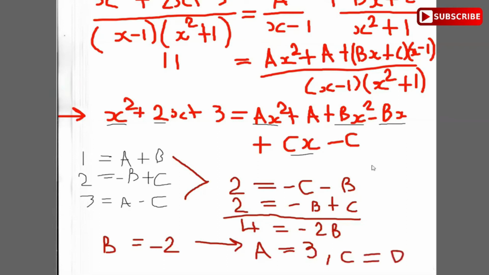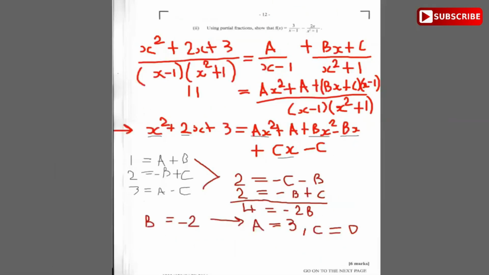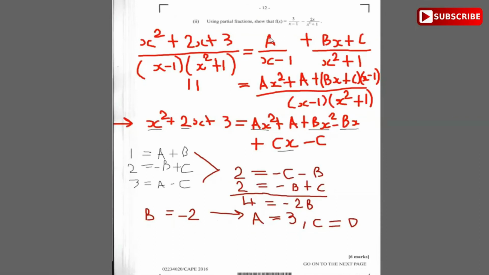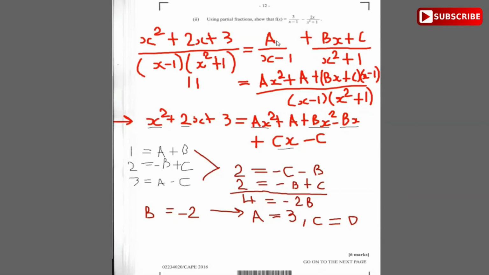So what does all that mean? That means that, in conclusion, if you replace this now with a is just 3, I'm going to replace a up here now. A is 3. All right, nice. B is now minus 2 and c is 0.